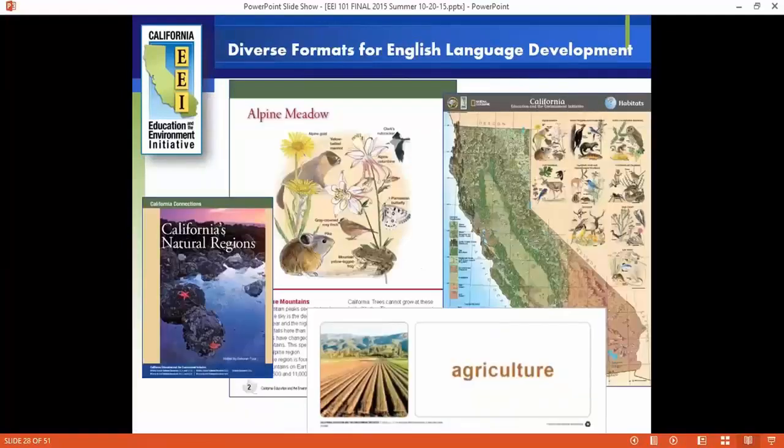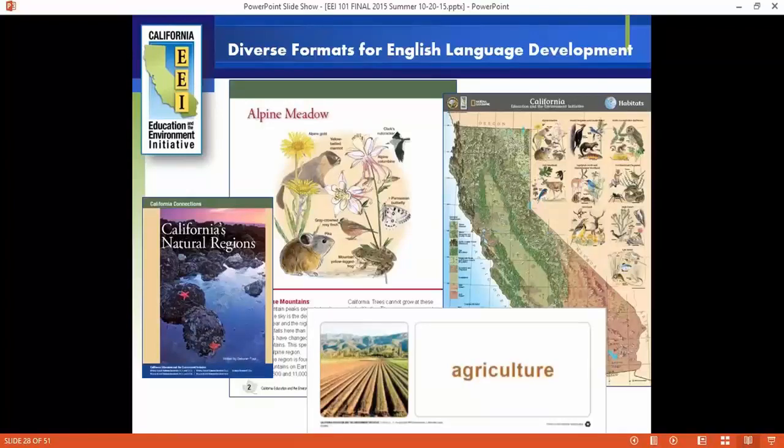Okay, so here's a page from that Natural Regions reader that you were talking about. Yes, indeed. There are a lot of pluses for English language development, not the least of which is all of the beautiful visuals between the illustrations and the photographs and the maps.